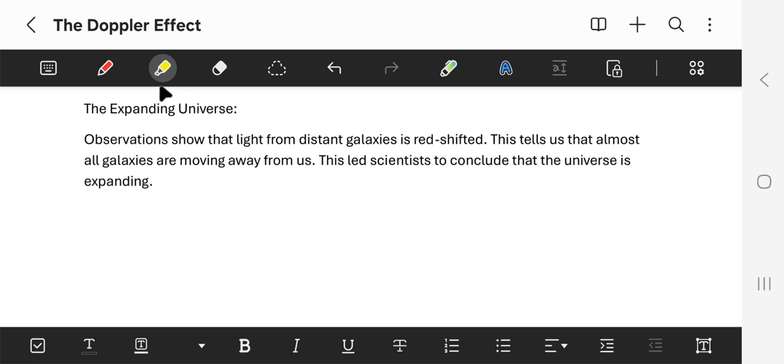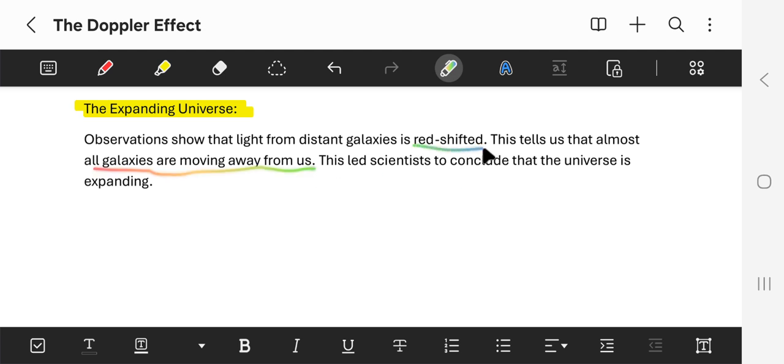And now we move on to the last part of these notes, or this topic, the expanding universe. What does this mean? So according to what scientists uncovered, the observations will show that light from distant galaxies is redshifted. And if we see this redshift, it means that almost all the galaxies, if not all, are actually moving away from us.